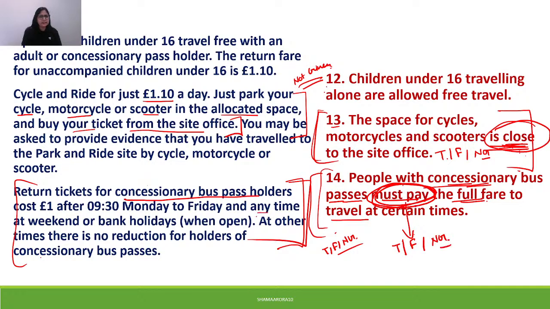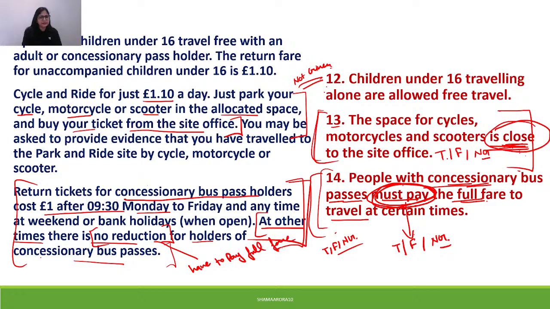So can you all see this particular statement? Have you all read this? No reduction for holders of concessionary bus passes at other times. So there is a particular time slot, right? There is a particular time slot when they get concession, but at other times there is no reduction. No reduction means they have to pay full fare.